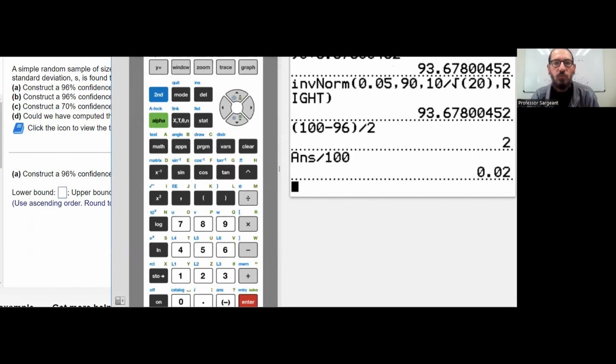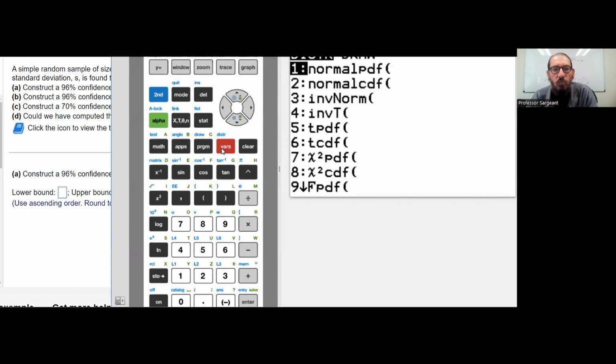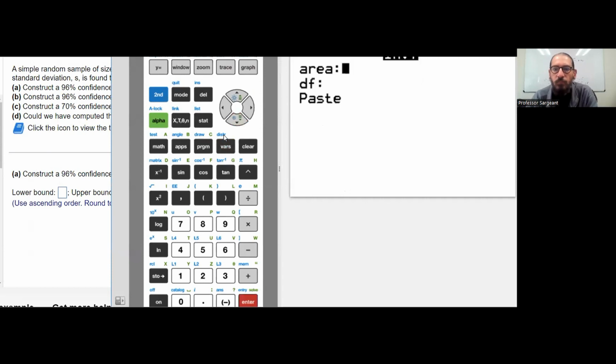I want to show you another option, which I'm not going to use on this particular question because there's no dash t on the question ID, so they are not expecting the use of technology. But we press second and vars to get into the distributions. Option 4, inverse t. Tell it the area you want, 0.02. How many degrees of freedom?